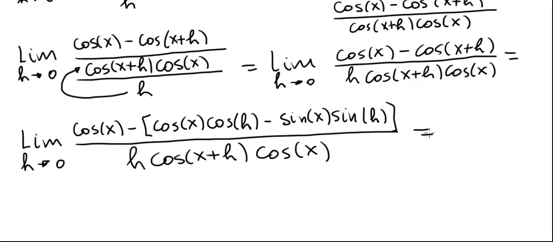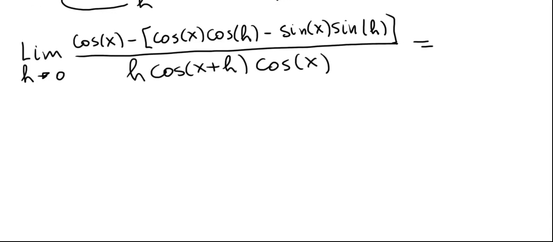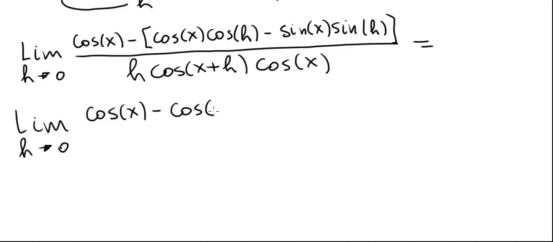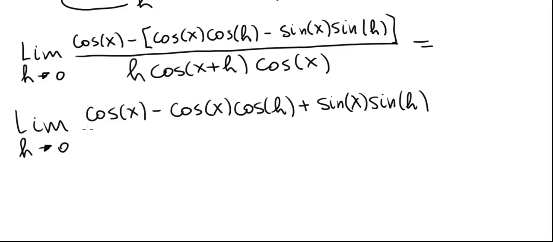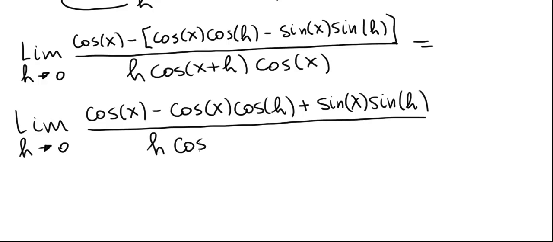Now the numerator looks like this: the limit as h goes to 0 of cosine of x minus cosine of x times cosine of h, and minus a minus, plus sine of x times sine of h, divided by, still the denominator, h times cosine of x plus h times cosine of x.